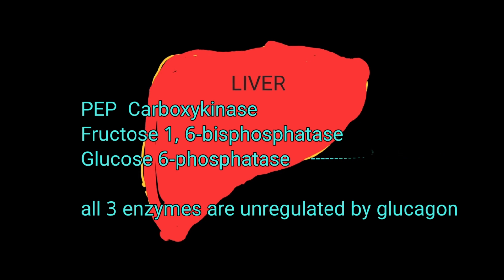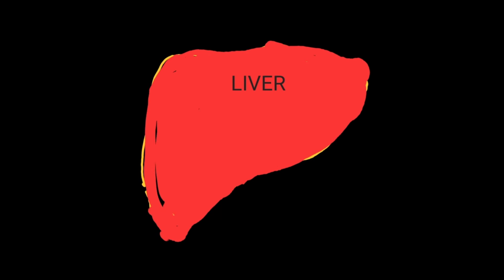All three enzymes are upregulated, or the expression of all these three enzymes is increased by glucagon. So gluconeogenesis becomes more active when glucagon is elevated in the plasma.